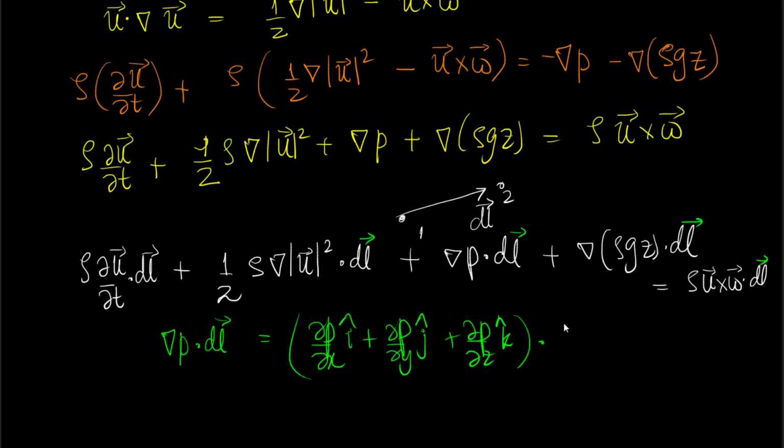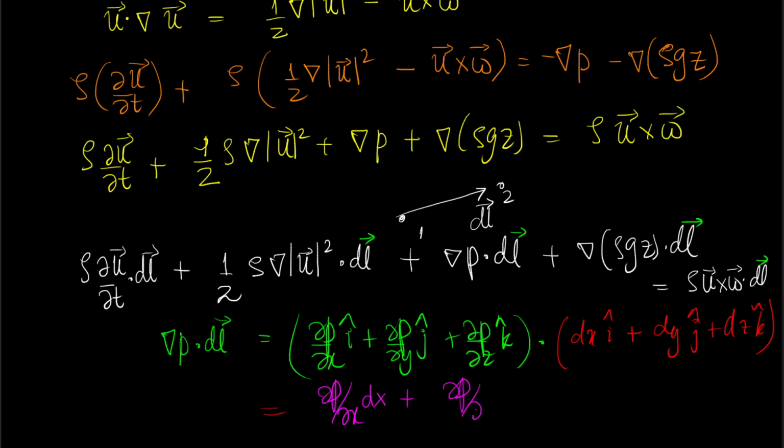And when you take a dot product with dx i plus dy j plus dz k, we see that this is tantamount to del P del x dx plus del P del y dy plus del P del z dz, and this is nothing but dp. So the gradient of any scalar dotted with the dl vector is nothing but dp.